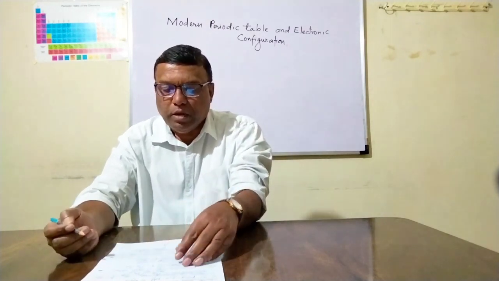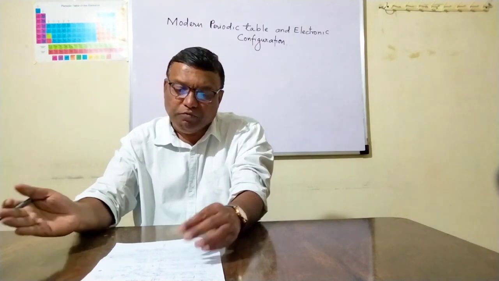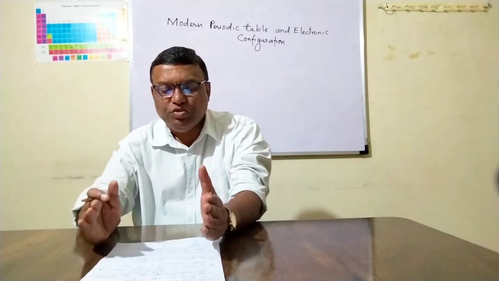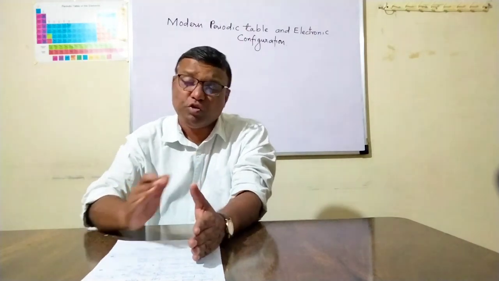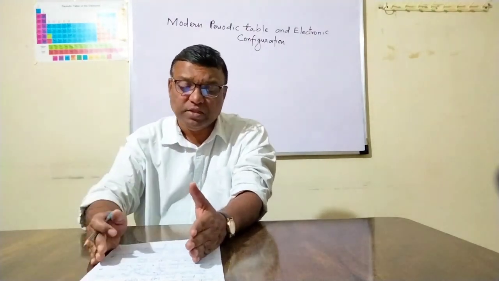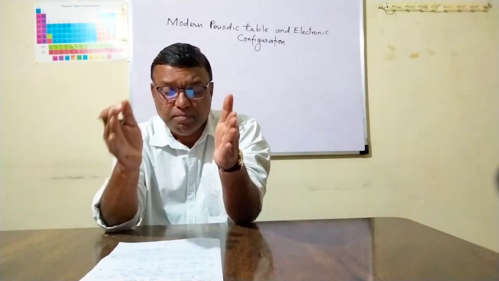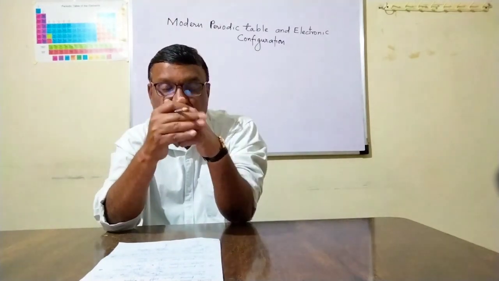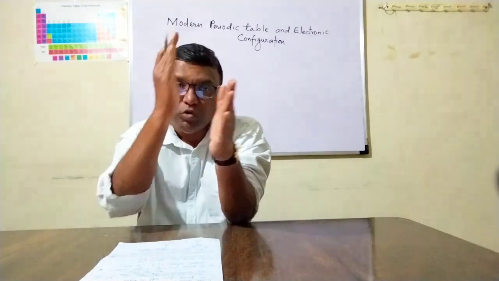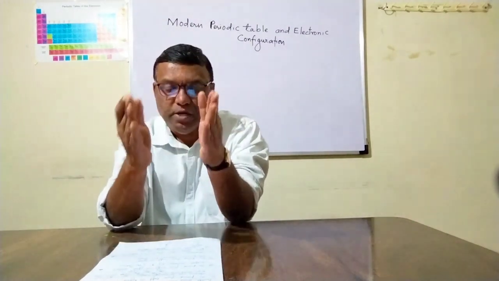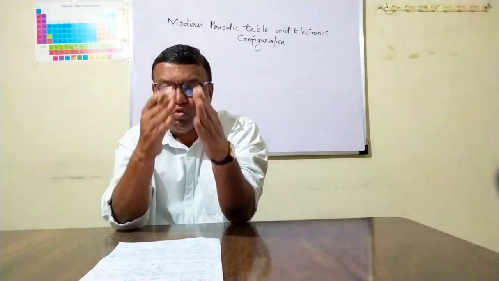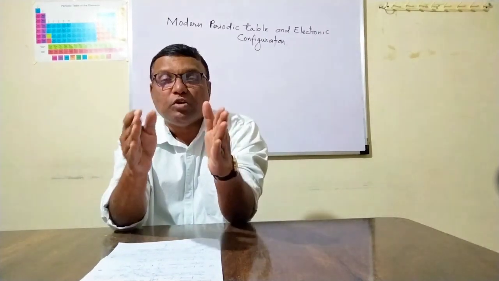With the help of these examples, sodium, magnesium, aluminium, silicon, phosphorus, what can we observe? Sodium 2, 8, 1, 3 orbits. Magnesium 2, 8, 2, again 3 orbits. Aluminium 2, 8, 3, again 3 orbits. Silicon 2, 8, 4, again 3 orbits.